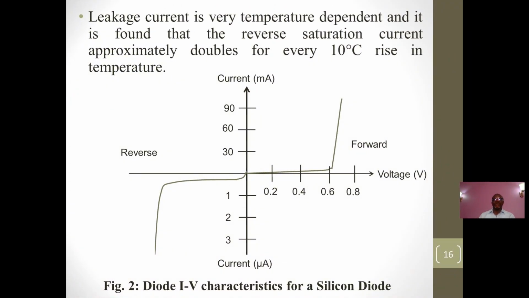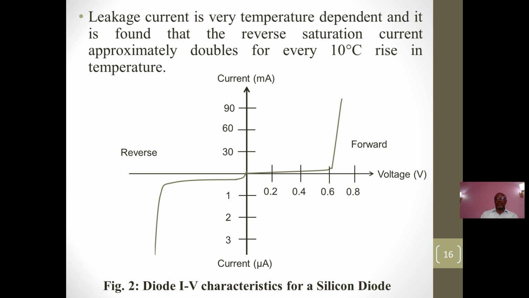Leakage current is very temperature dependent, and it is found that the reverse saturation current approximately doubles for every 10 degrees centigrade rise in temperature. Now, what we are looking at is the plot of the IV (current-voltage) characteristics of a typical silicon diode, a diode made from the doping of silicon material.